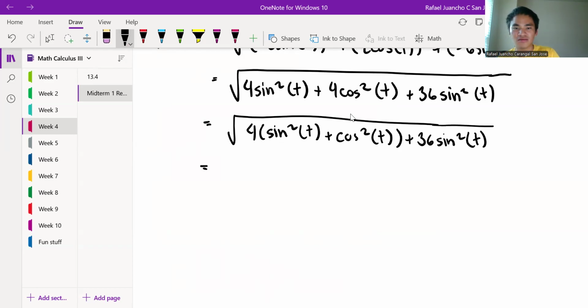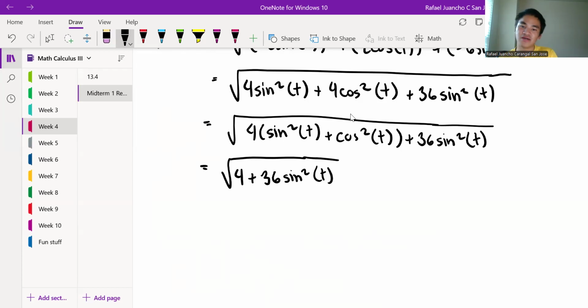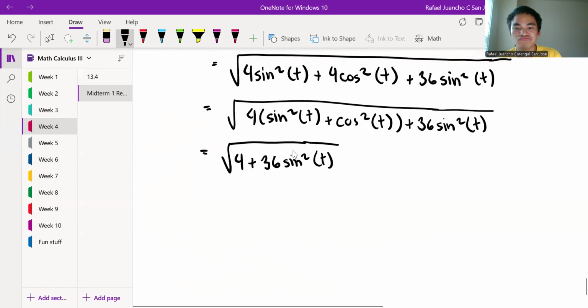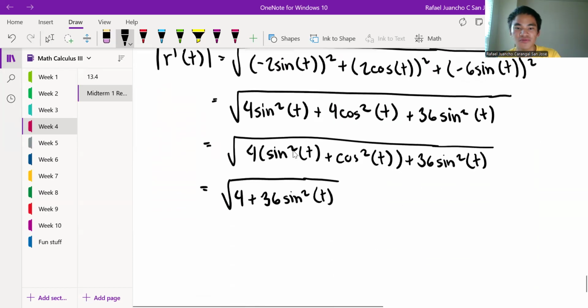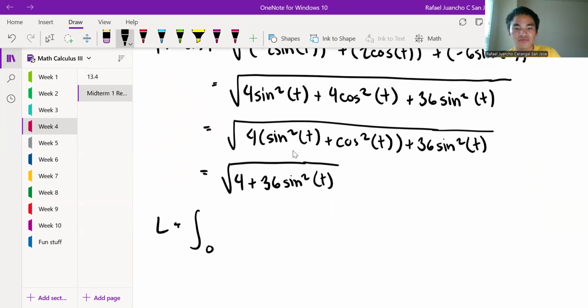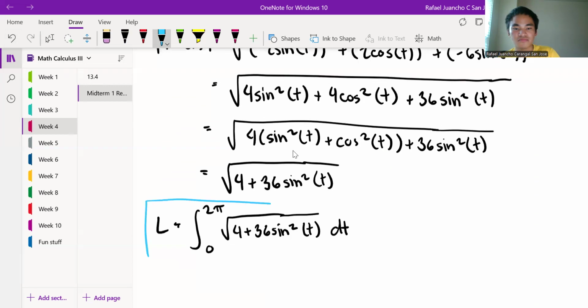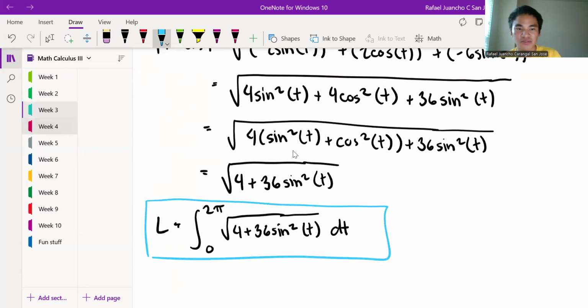So here I have 4 plus 36 sine squared of t, right? That's what I have. So now my length is just something that goes from 0 to 2 pi with this integral, dt. And I'm done. Set it up. Easy peasy.